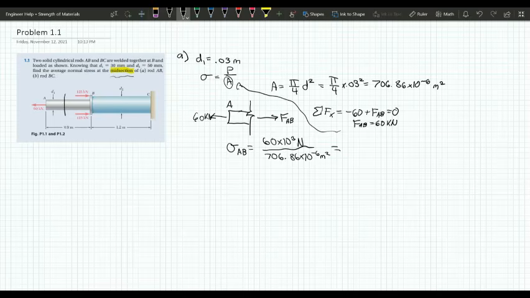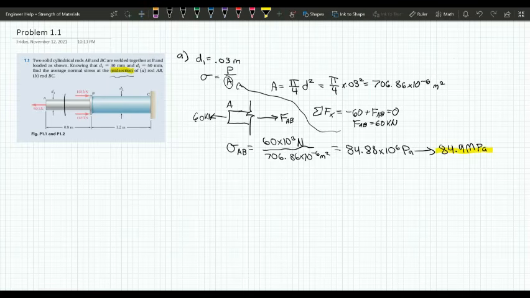And now we have 84.88 times 10 to the 6 pascals. Let's go ahead and convert that, make it simpler. That's also the same as saying 84.9 megapascals. Right? So that's the answer to part A.